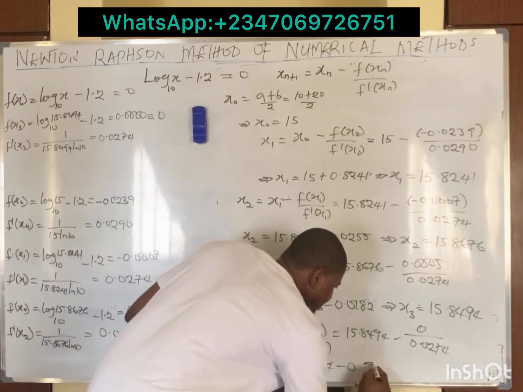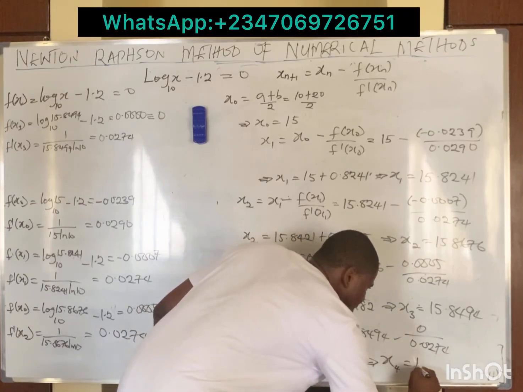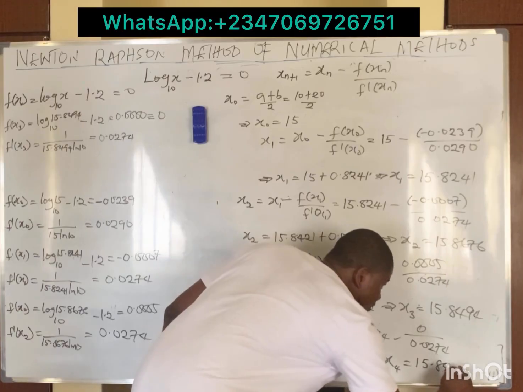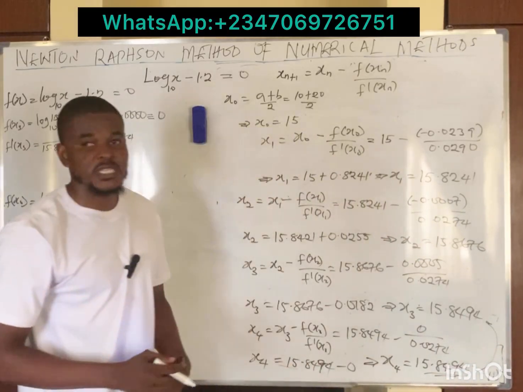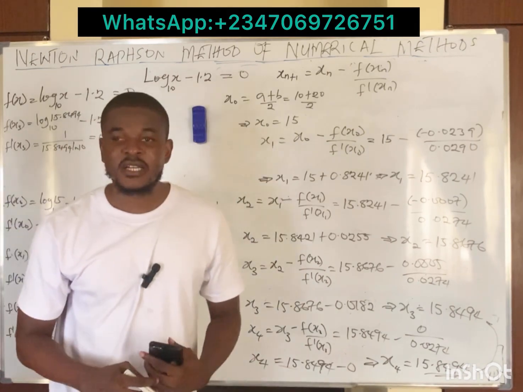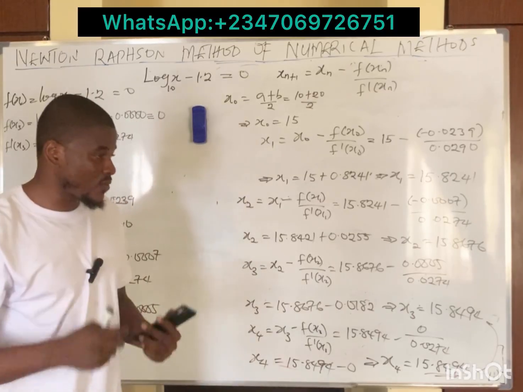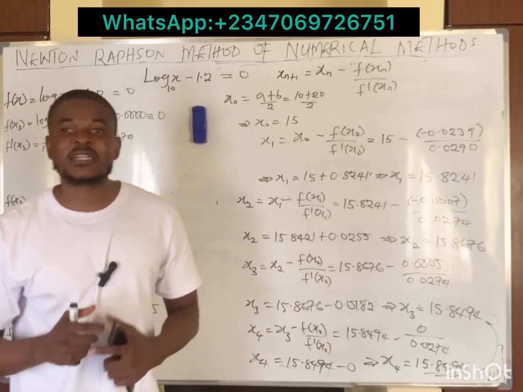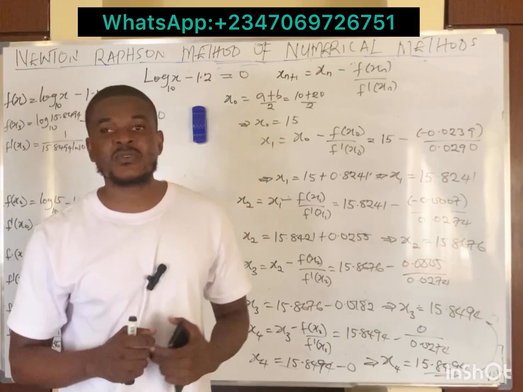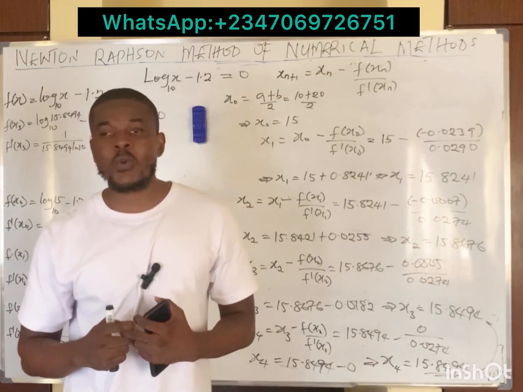So this simply implies that the root of that equation, x4, is equal to 15.8494. You can see that this has repeated with the previous root, correct to 4 decimal places, and that becomes the answer to that given question. So the root of that equation is simply 15.8494. All right guys, so that's how to employ the Newton Raphson method of numerical methods in engineering mathematics to solve log x minus 1.2.